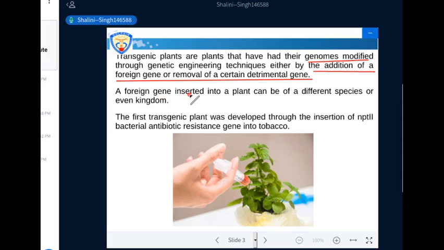A foreign gene inserted into a plant can be of a different species or even kingdom. The first transgenic plant was developed through the insertion of NPT2, that is neomycin phosphotransferase 2, a bacterial antibiotic resistance gene, into tobacco.